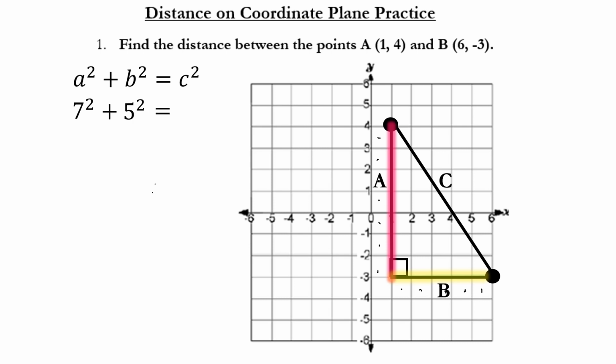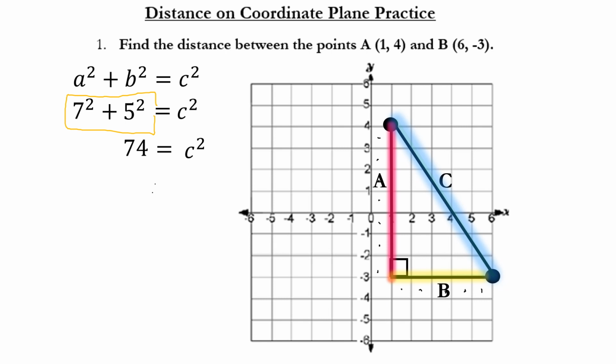And that will help us determine our C value. Just like we've said in all the other videos, you can type in 7 squared plus 5 squared right into your calculator. So 7x to the second plus 5x to the second equals 74, and that's going to help us determine our C value.